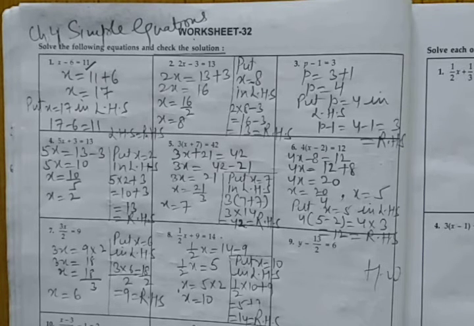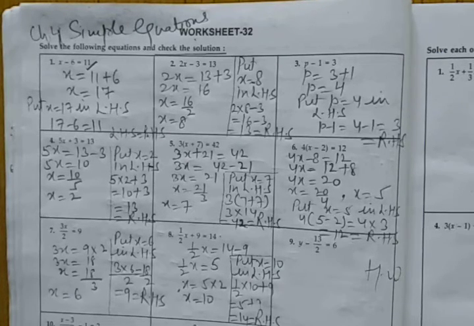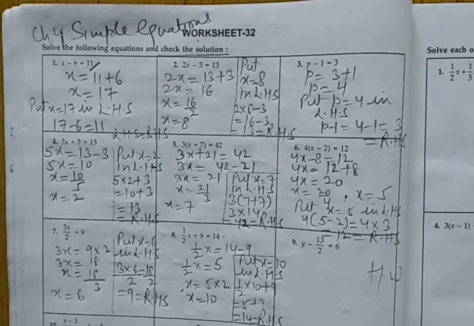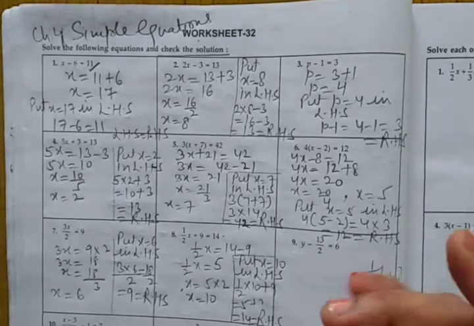Then we will check whether, after putting the value of the variable, both sides, left hand side and right hand side, become equal or not. Okay, so let's start solving equations.